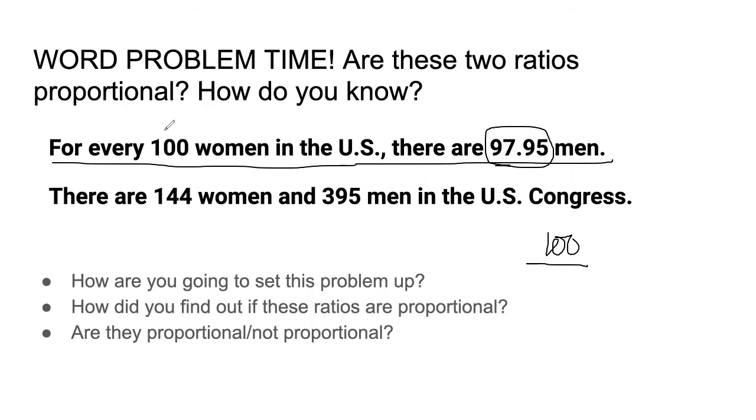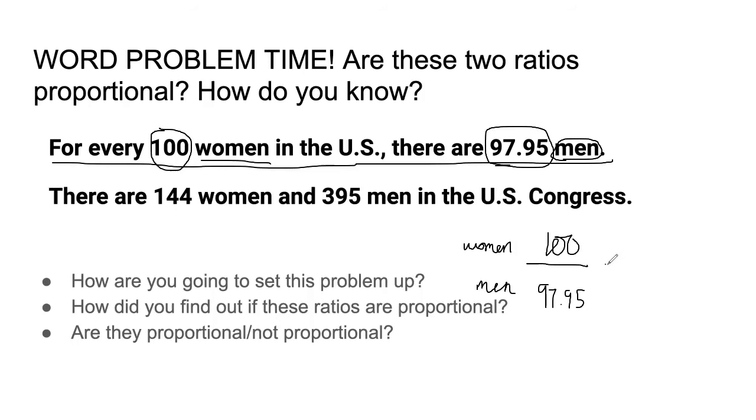So what I'm going to do is I'm going to take these 2 numbers. So on top, clearly what we have is women, 100 women. And on bottom, 97.95, that describes men. So you have men on the bottom. Okay.